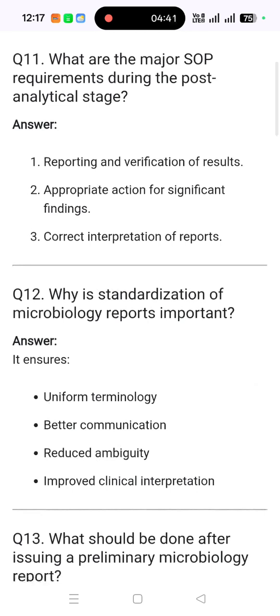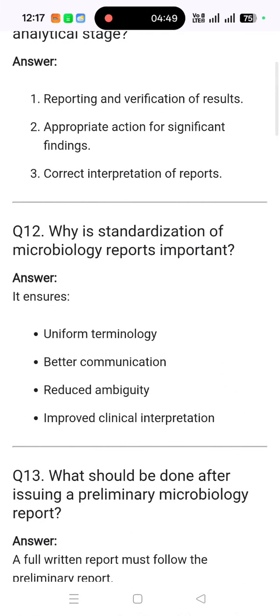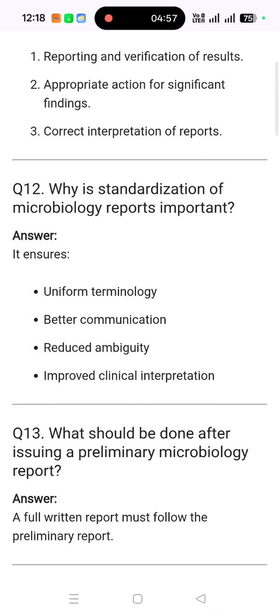Appropriate action for significant findings: if you have noted any significant finding, then immediately you should take action. Correct interpretation of the report: whatever report has come, it is the duty of the microbiologist to see and to interpret the report.